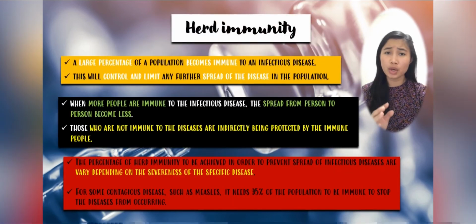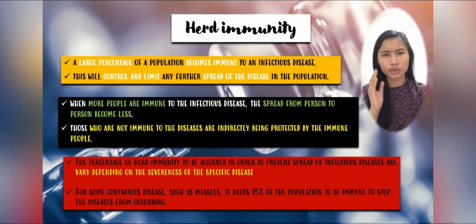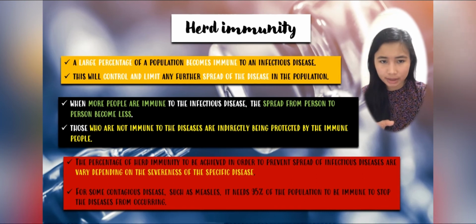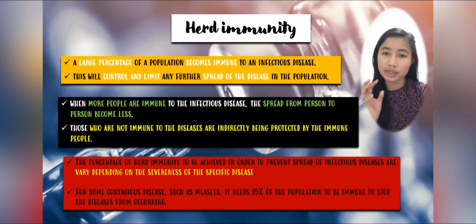We also want to know about herd immunity. So what is herd immunity, which has been the talk of the town today? Herd immunity is when a large percentage of a population becomes immune to an infectious disease, which will control and limit the spread of the disease in the population.